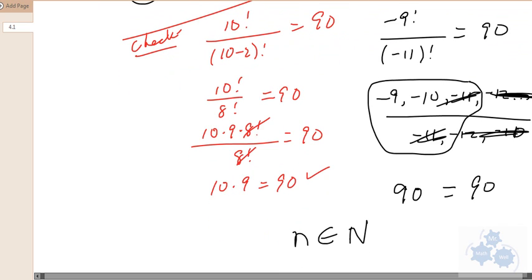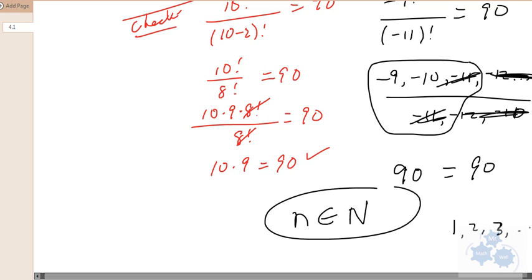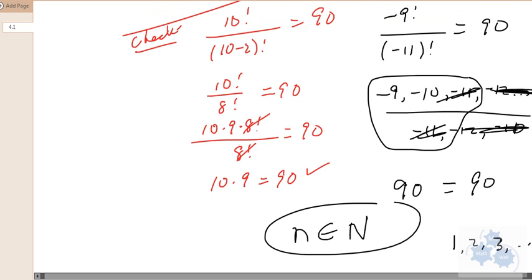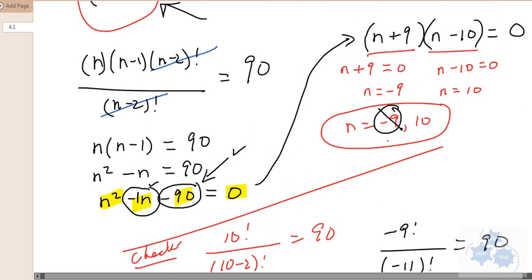Even though algebraically this works, the factorial notation only works for positive numbers, okay? So n is an element of natural numbers, which starts at positive 1 and then goes up to 2 and 3 and so on, okay? So that's probably the toughest question that you will get in this section. So right away, if you have a negative number, you can strike it off and say that's not it. The answer is n equals 10.